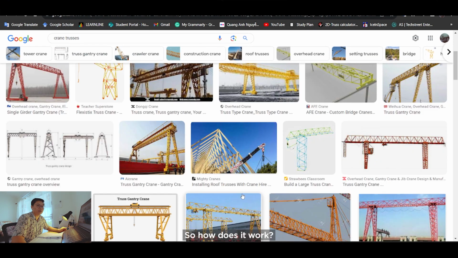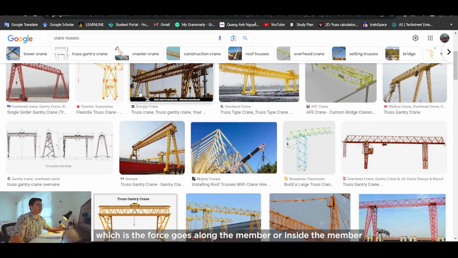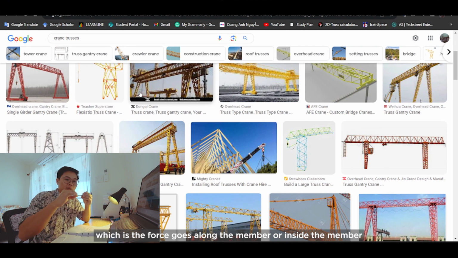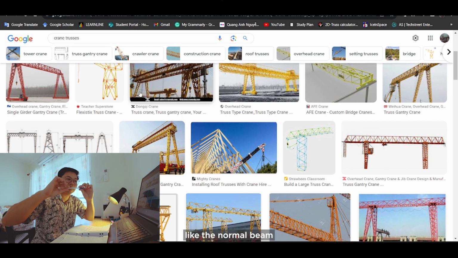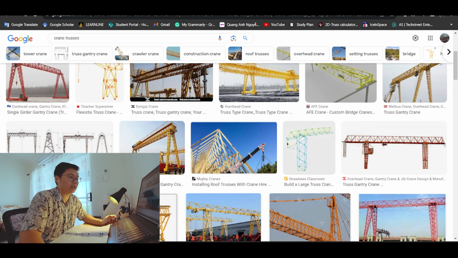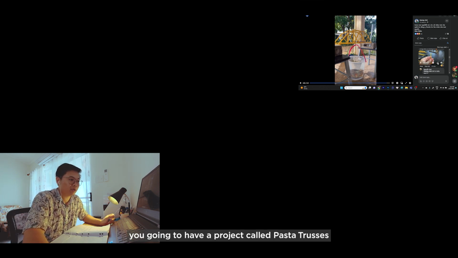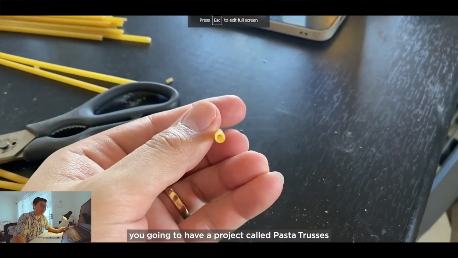So how does it work? The members of the truss can only resist axial force, which is the force that goes along the member, inside the member. It cannot resist a perpendicular force like this, like a normal beam. I'll give you an example. If you are going to study the subject called Statics at Charles Darwin University, you're going to have a project called pasta trusses.